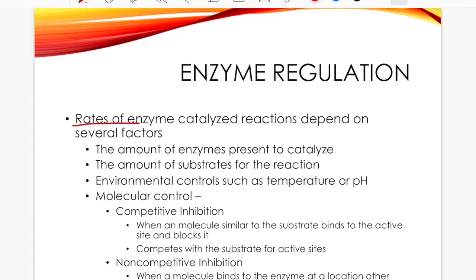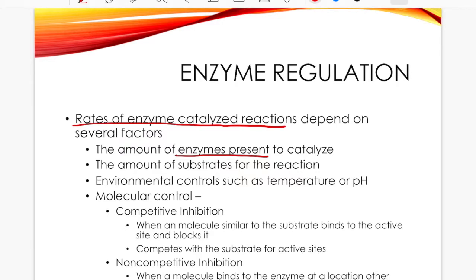The rate of the actual reaction is regulated. The amount of enzymes present to catalyze the chemical reaction affects the rate of the chemical reaction. If there are a lot of enzymes present, it's going to be able to accomplish the job fast. If there's not very many enzymes present, it's going to take a lot longer to catalyze the chemical reaction.